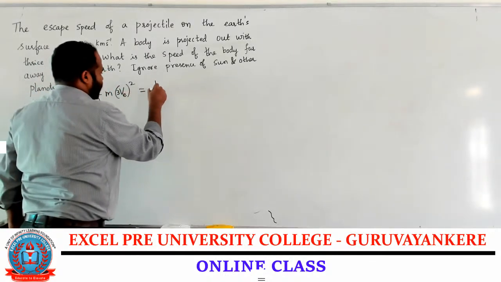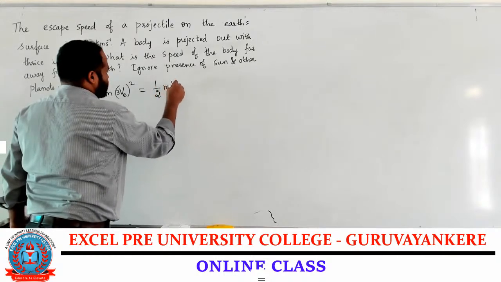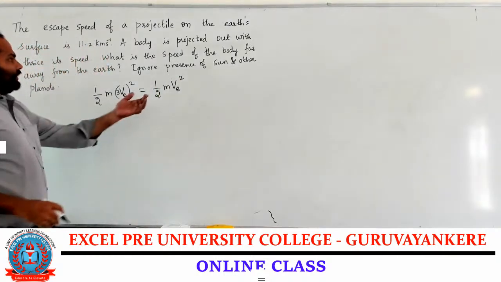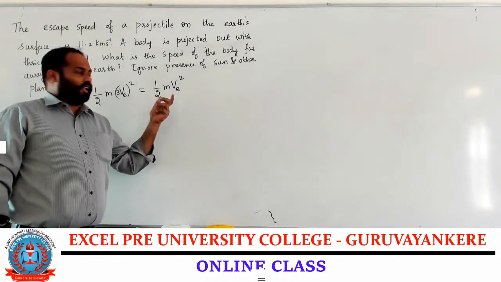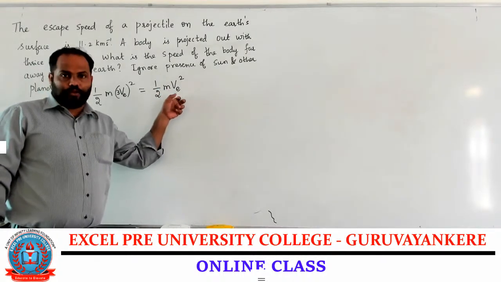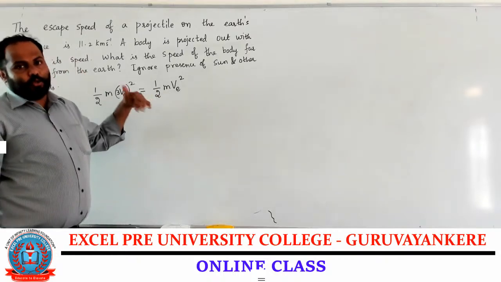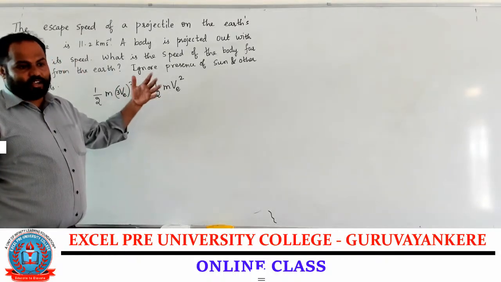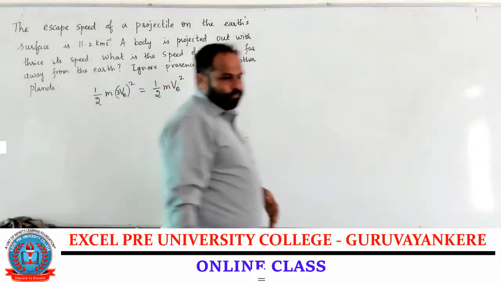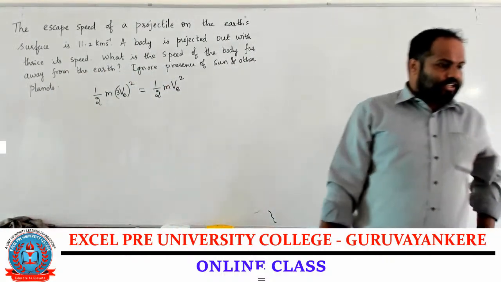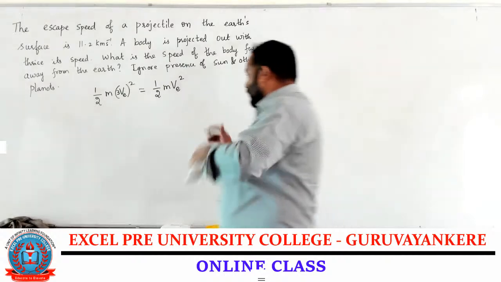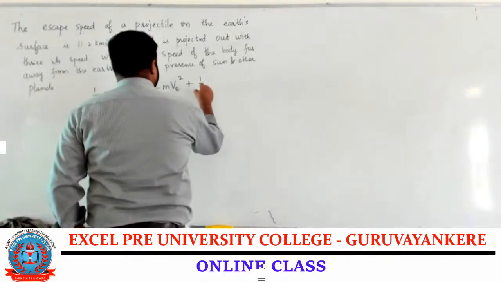So the initial kinetic energy that we give the projectile will be used up to overcome the gravitational potential energy. Then what is the speed?